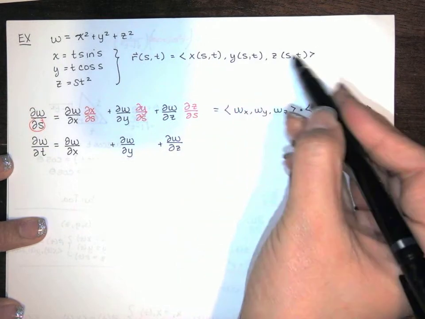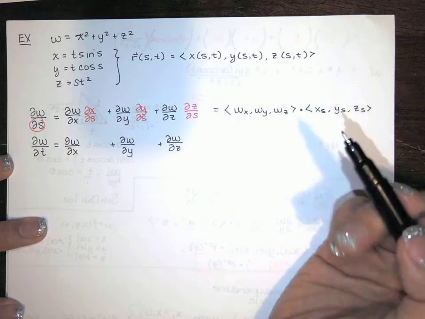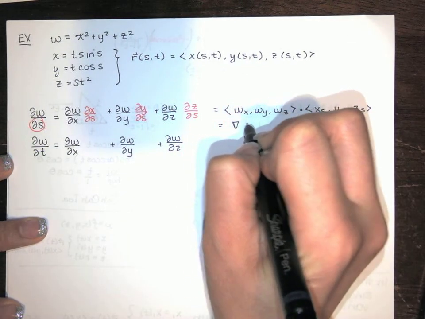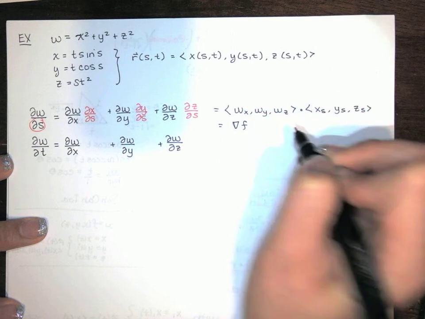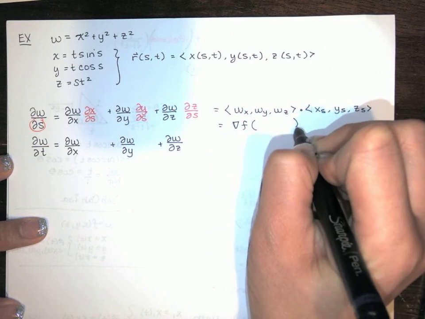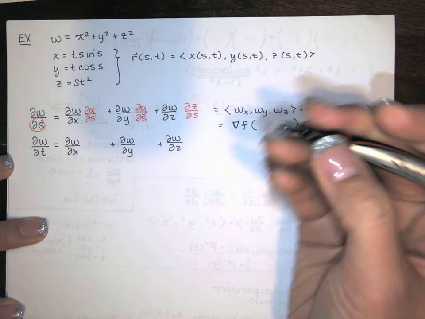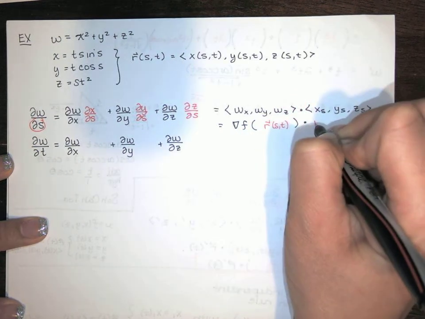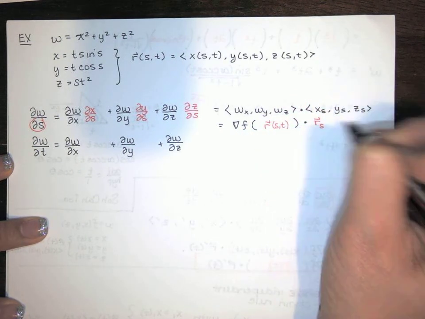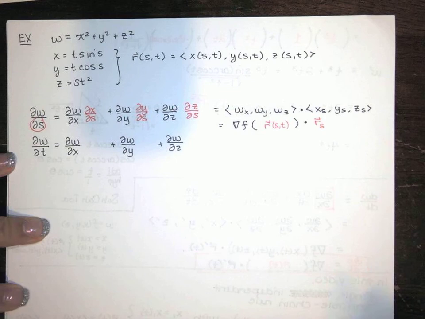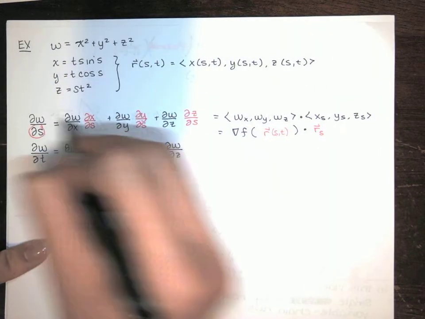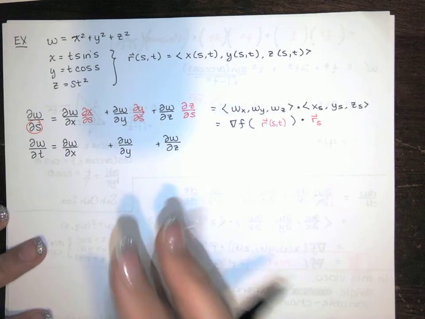I treat t as a constant and I differentiate each component with respect to s. So this is the gradient of w, which is f, evaluated at r of s and t, dotted with the partial of r with respect to s. Or you could use this version, that's fine too, if you prefer it.